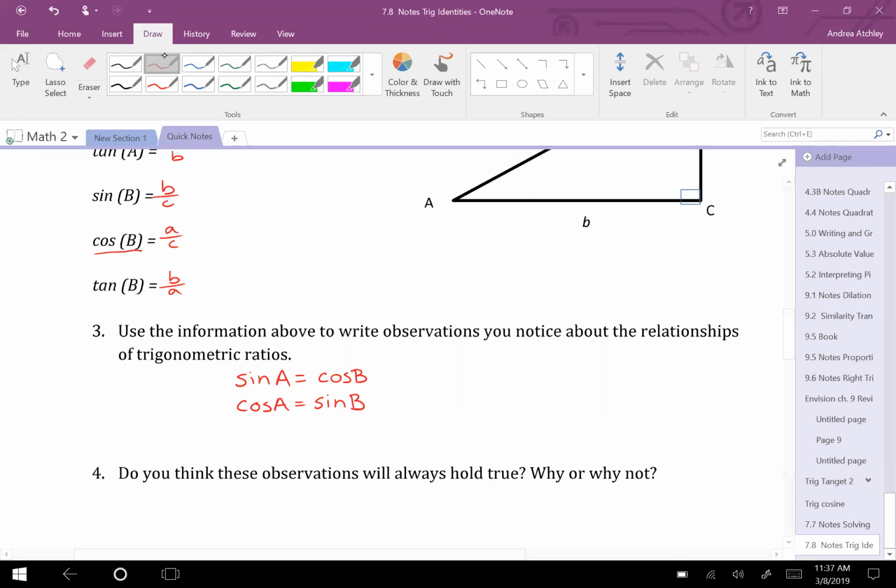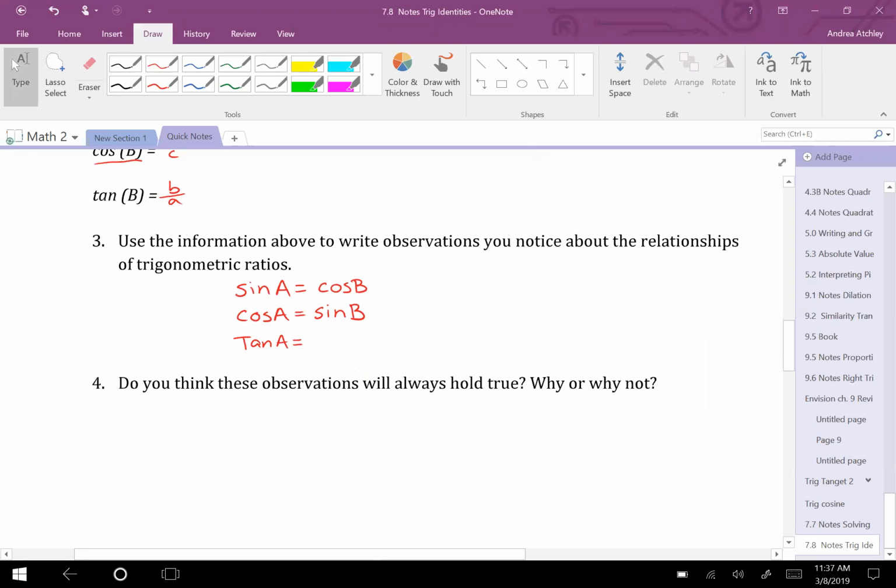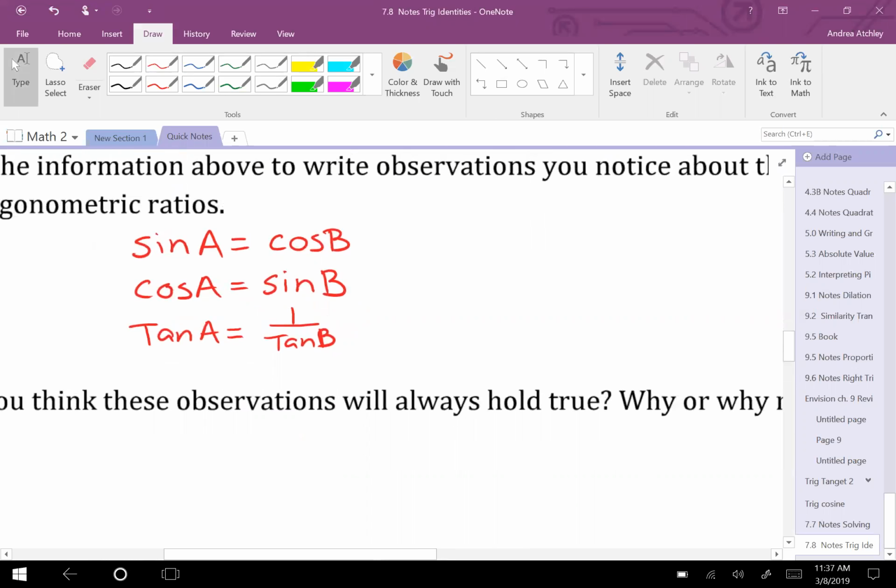And then she noticed that the tangent of angle A is equal to, I'm going to show you the algebra of it, 1 over the tangent of B. What that means is that the tangent of A is equal to the reciprocal of tangent of B. Oopsie, let's spell tangent. T-A-N.